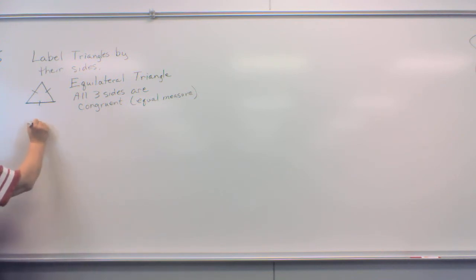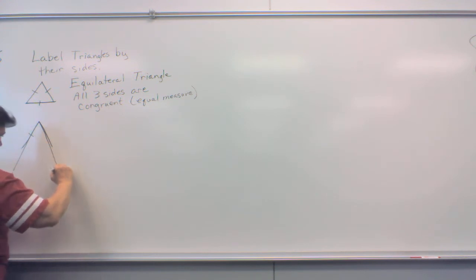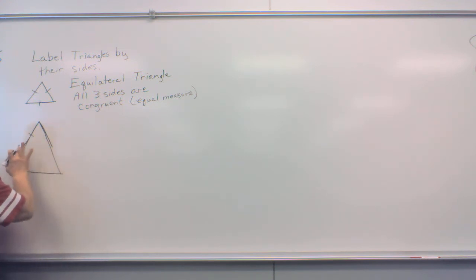Okay? Another triangle is an isosceles triangle. Let's make it a little bit longer so it's obvious. Okay, that's better. There we are.